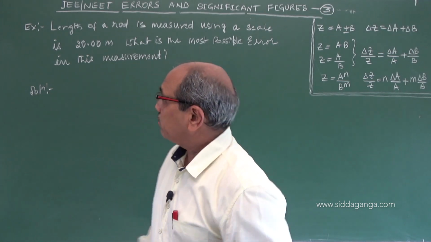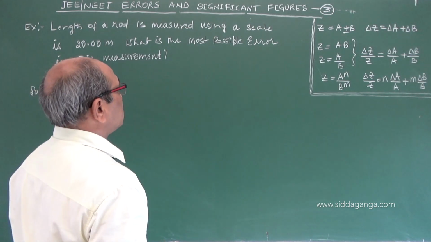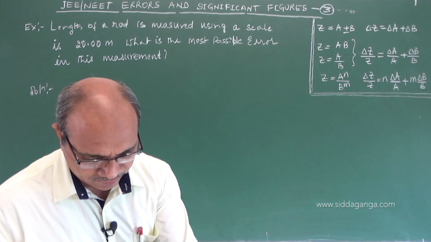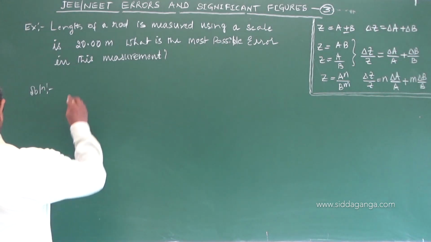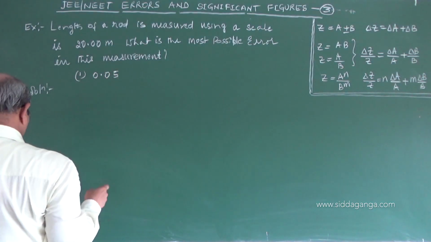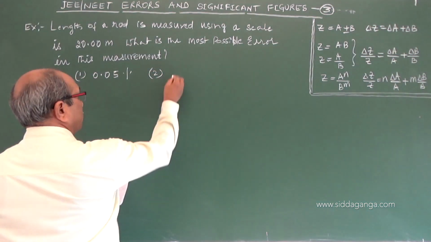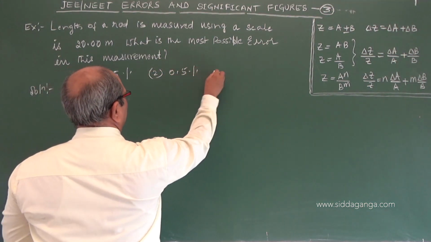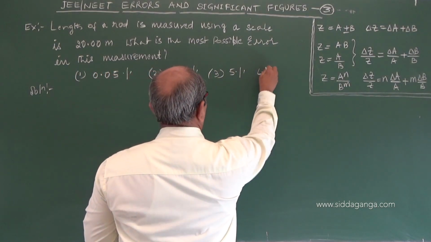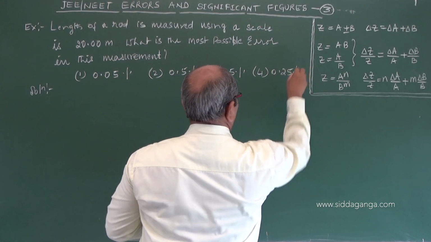So here is the question: the length of a rod measured using a scale is 20 meter. What is the possible error? The four options given are: first 0.05%, second 0.5%, third 5%, and fourth 0.25%.